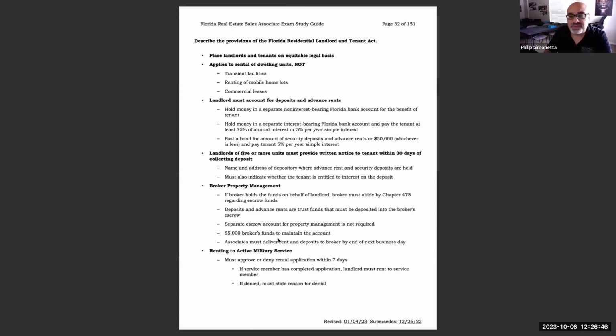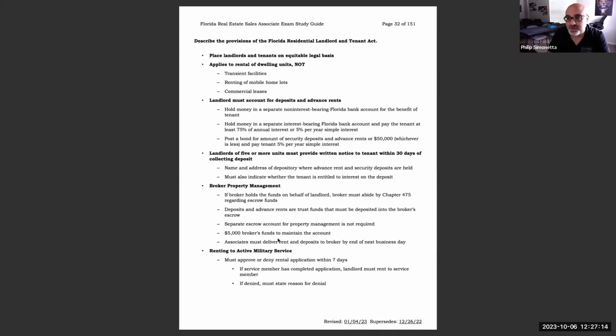Now let's look at the provisions of the Florida Real Estate Landlord and Tenant Act. This is something we talked about prior, right? Yes. This places landlords and tenants on an equitable legal basis. I just saw on the news a rental complex that stopped trash pickup and didn't hire a new trash company.